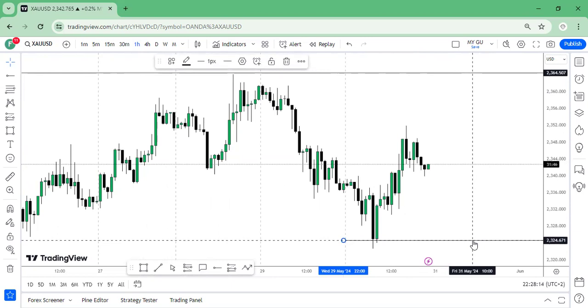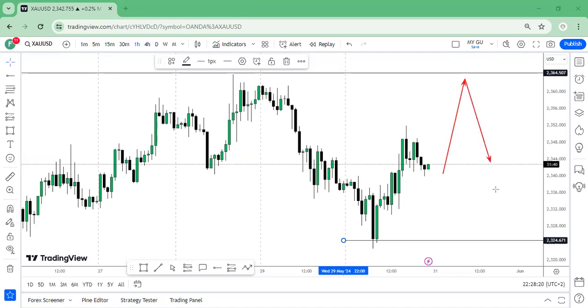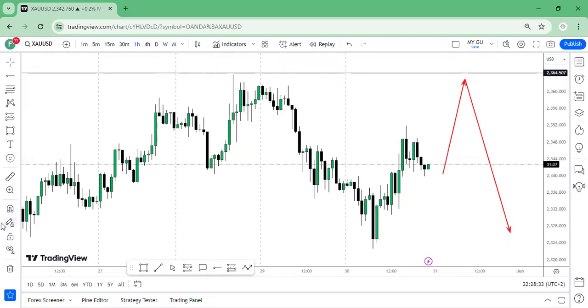I can actually expect price to push higher again before it tries to go lower. That's a theory. However, if you have more knowledge and if you are using the sessions, that's one, you're using the sessions.